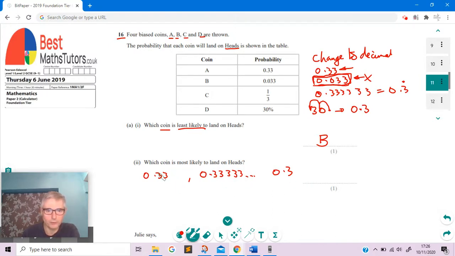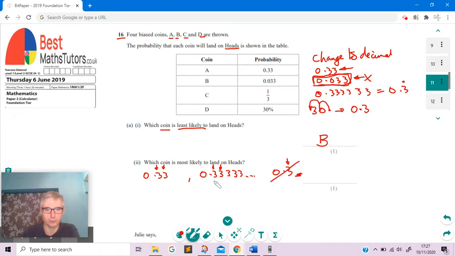Well, if we look at the tenths column, we've all got 3/10. So that's the first column. So up to that point, they're all the same. If we look at the next column now, which is the hundredths column, we've got a 3 in that column, a 3 in that column, but we don't have anything in the hundredths column there. So we can ignore this one then.